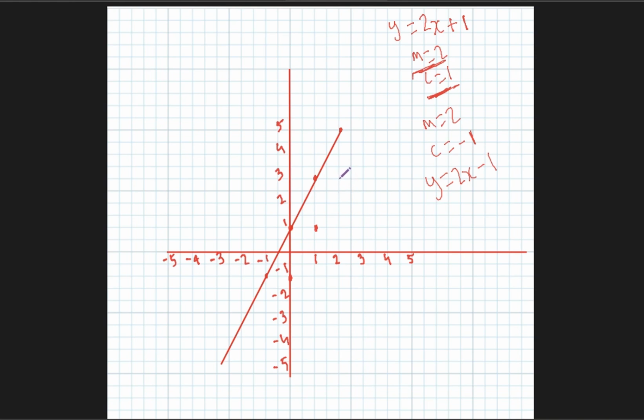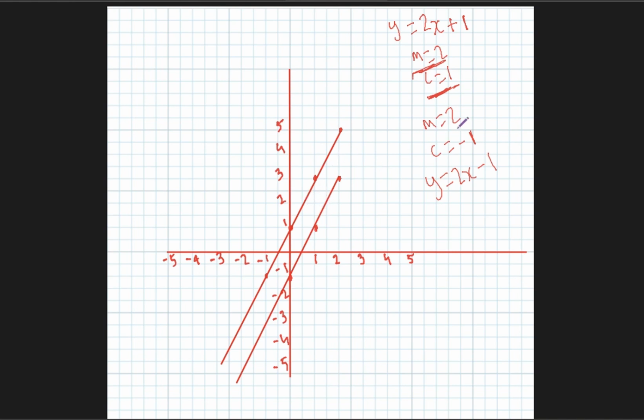Let me just put the numbers in. And then it's going to be another straight line. And it's going to go through these points. So now we've only changed c, and our m is the same. You can see these lines look very similar to each other. It's just like they're offset by a little bit, but they are pretty similar.